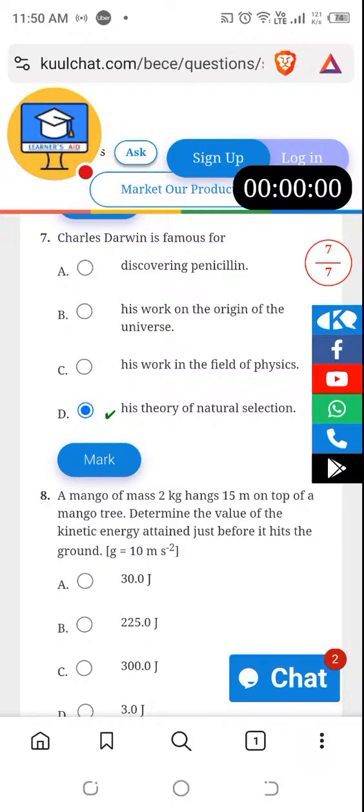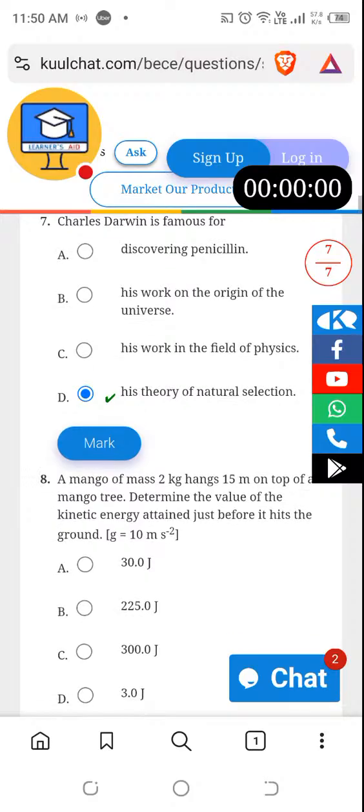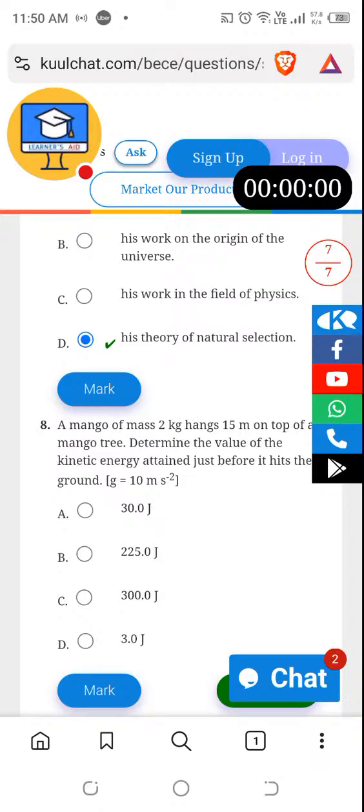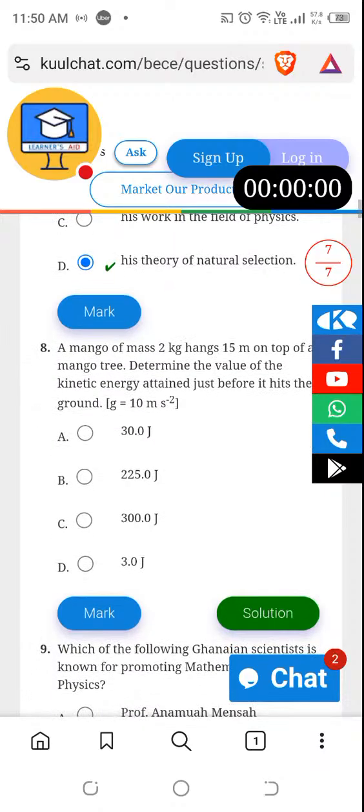With the data we've been provided, we have mass, height, and gravity, so we can find the potential energy. The potential energy will be 2 times 15 times 10. That gives us 3,000? No, 300 joules. So the answer should be 300 joules.